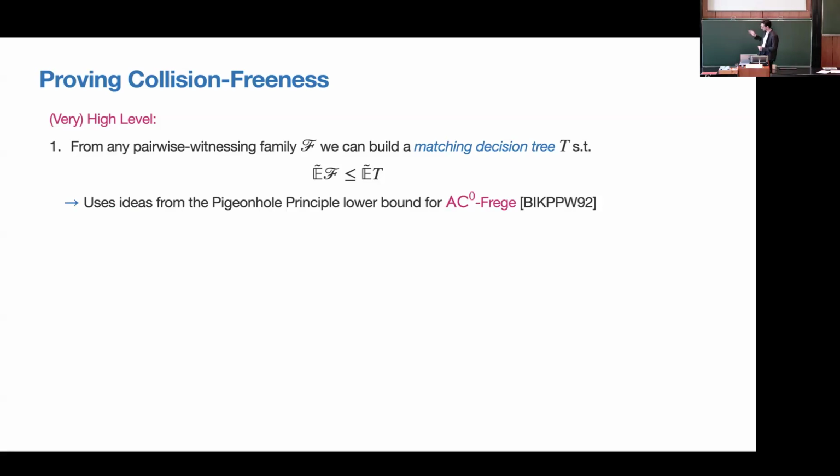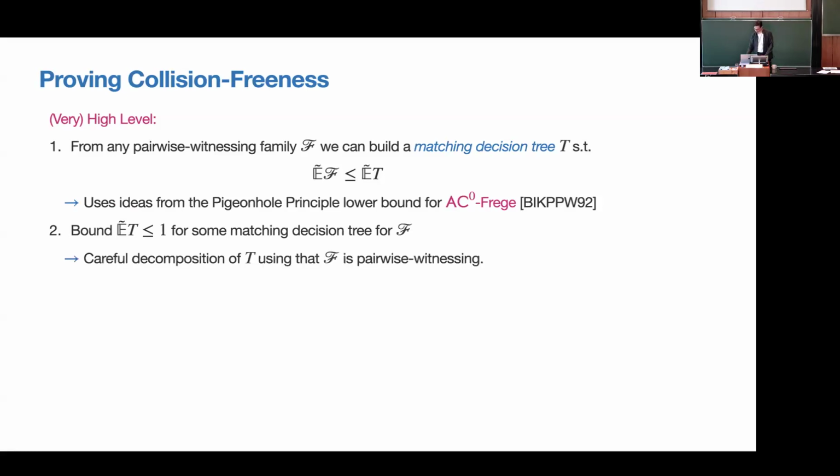Finally, we need to show that the expectation of one of these matching decision trees from a pairwise witnessing family is at most 1. This is a careful decomposition argument of these decision trees. I'll leave the paper for the fun techniques. Thanks.